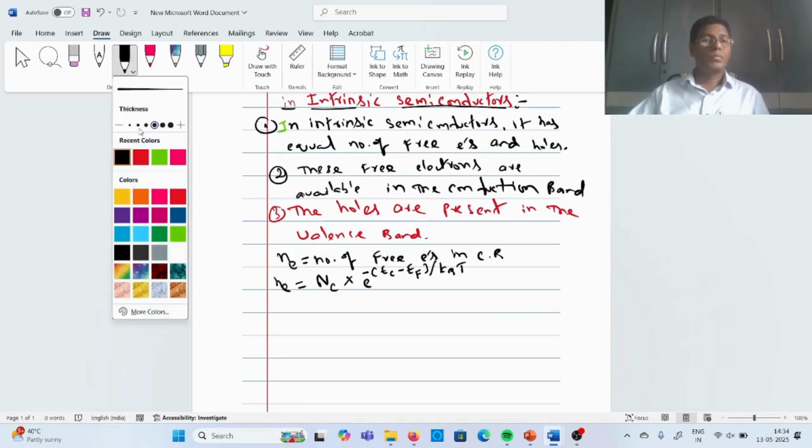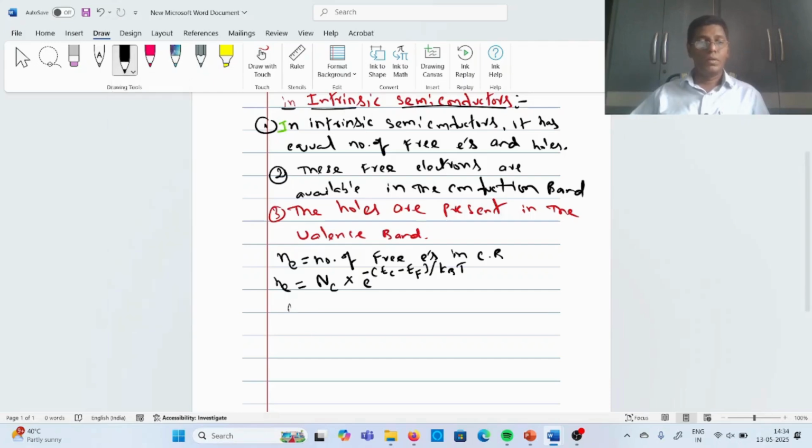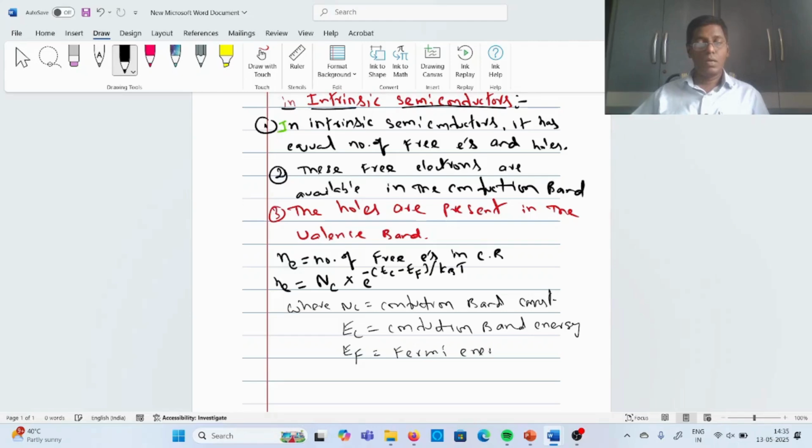Here, Nc is a conduction band constant, Ec is a conduction band energy, Ef is a Fermi energy.